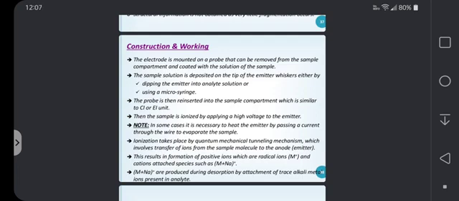This results in formation of positive ions, which are radical ions, and cation-attached species such as M plus, Na plus. And these ions are produced during desorption by attachment of trace alkali metal ions present in the sample.